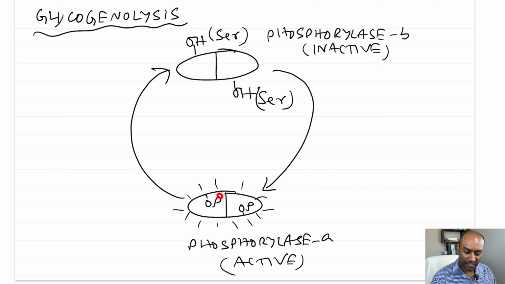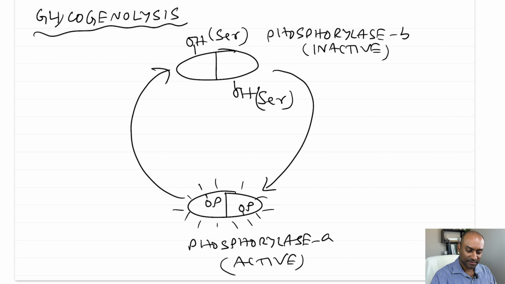The phosphorylation causes a conformational change in the enzyme, which protects the phosphate groups from the outside. So these OH groups are on the outside, but when the phosphorylation happens, there's a conformational change which moves the phosphates to the interior of the protein and protects them from phosphatase. We'll look at that in a minute.